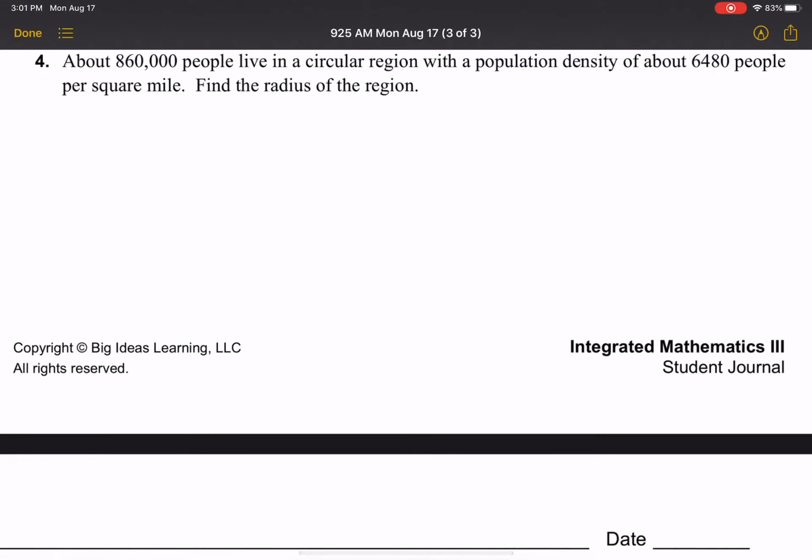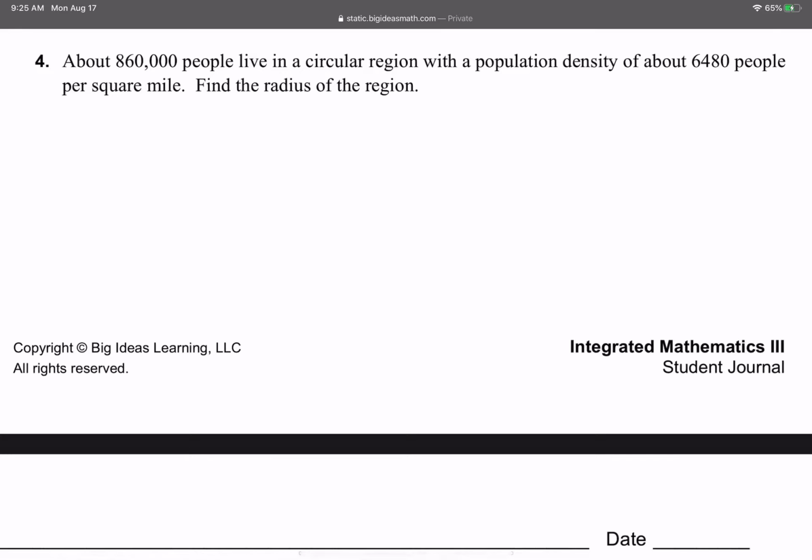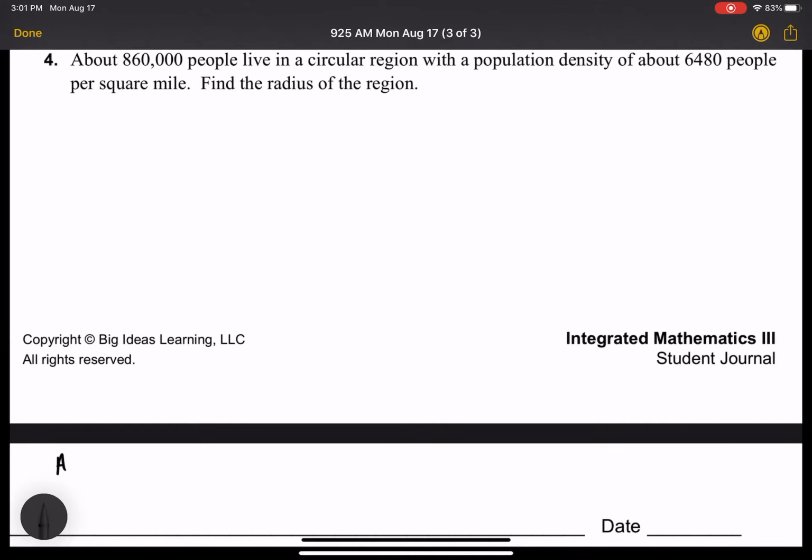And before I do this problem, I'd like to remind you that there are some areas that are really important for you to memorize. So please go online or find the area of a square. Make sure you memorize that the area of a square is side times side. The area of a circle, we already used it, is pi r squared.